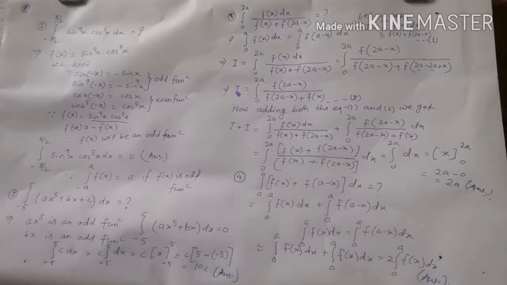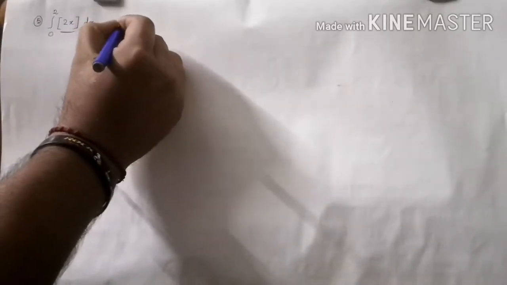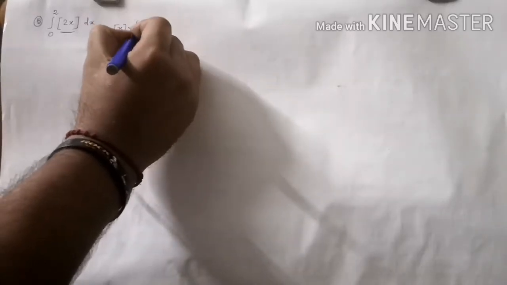So now here is question number 5 from definite integration, and the question is integration 0 to 2 of the bracket [2x] dx. These questions are quite different from the others. Actually here the bracket is there. So to solve this problem we have to know what is the definition of the bracket [x].